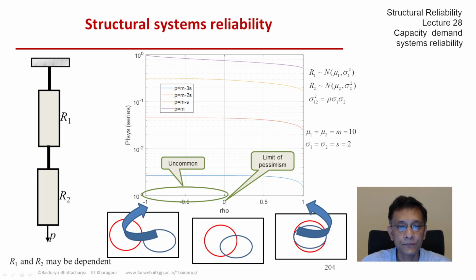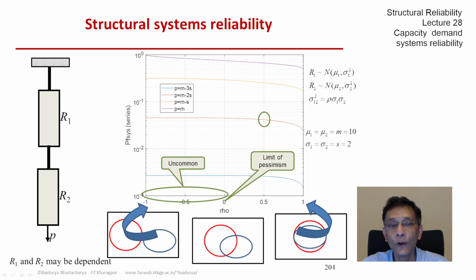Now, before we go to the next slide, let's just remember this particular number that I just circled, when rho is 0.5 and when p is m minus 2s, so for that brown line, we have a value of the series system failure probability as something like 0.04.